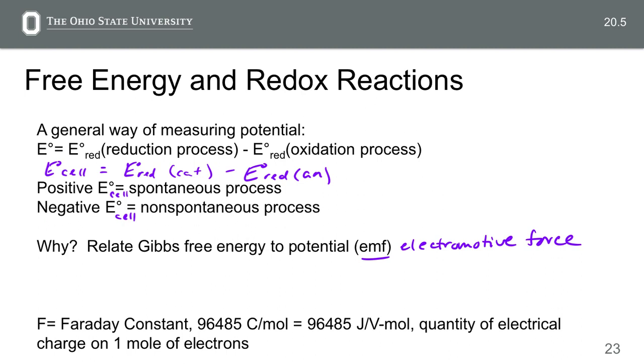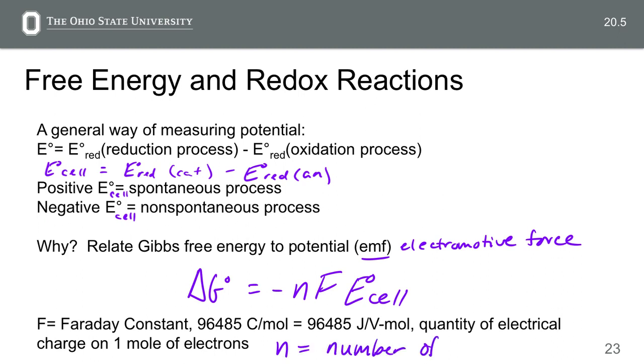So we can relate the Gibbs energy: delta G naught equals minus n times F times E naught cell, so the cell potential. n is the number of electrons transferred. F is the Faraday constant, 96,485 coulombs per mole.